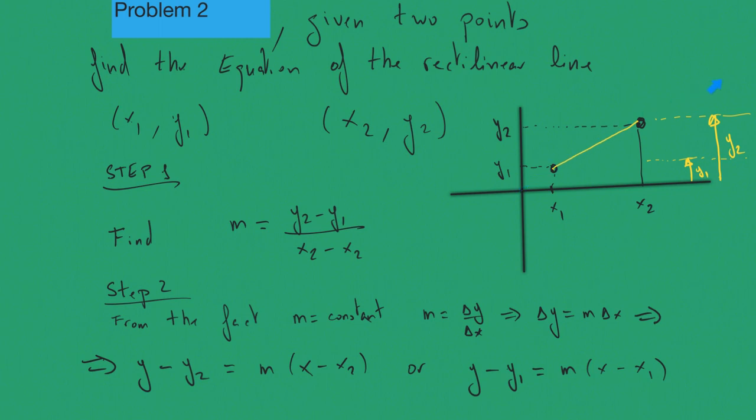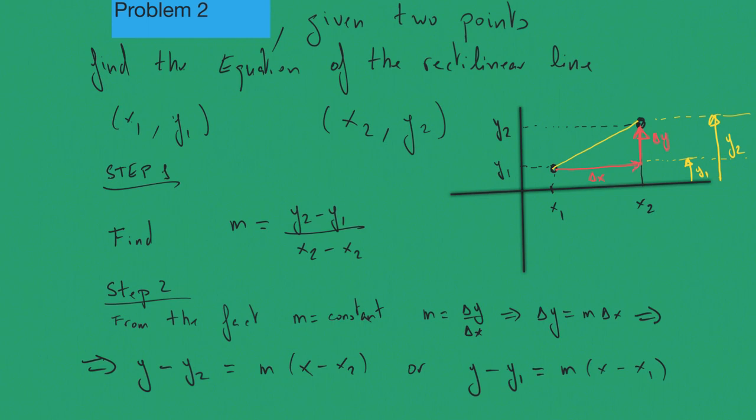The equation of this rectilinear line is obtained in the following way. We have the 2 points, so the first step is, can we find the slope? The slope is delta y divided by delta x. Always make the triangle. Pay attention to this triangle. This is delta x, and this is delta y.